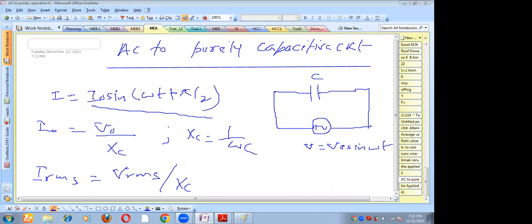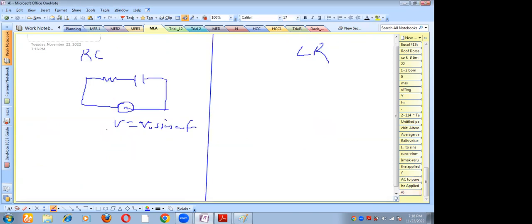Whether it is a purely capacitive circuit or an RC circuit, current will lead in both cases. And whether it is purely inductive or an RL circuit, current will lag. Getting my point? So will current lead or lag in an RC circuit? Tell me again.